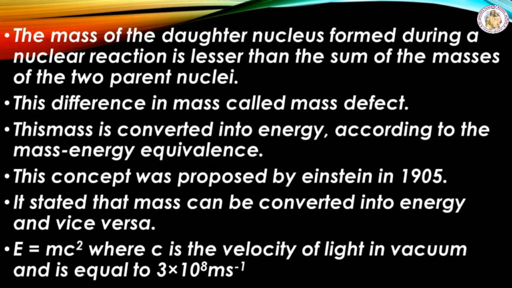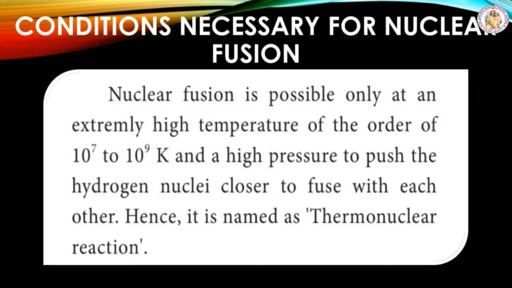So the relation between mass and energy proposed by Einstein is E = mc², where c is the velocity of light in vacuum and is equal to 3 × 10^8 m/s. This nuclear fusion process can take place only under certain conditions.